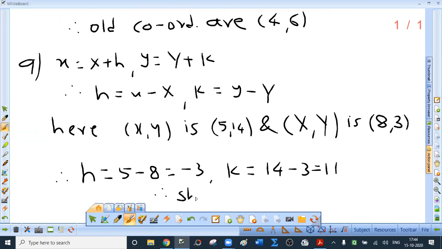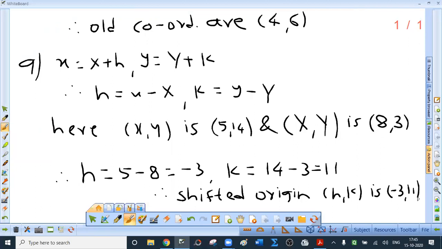Therefore shifted origin h comma k is what? It is (minus 3, 11). Yes, that is the answer.